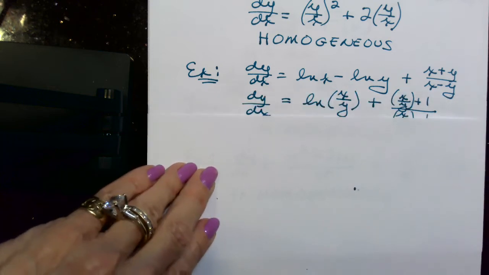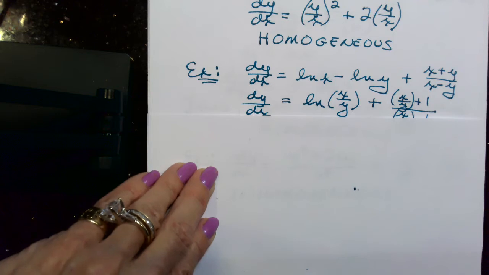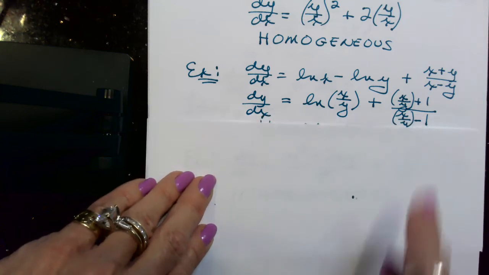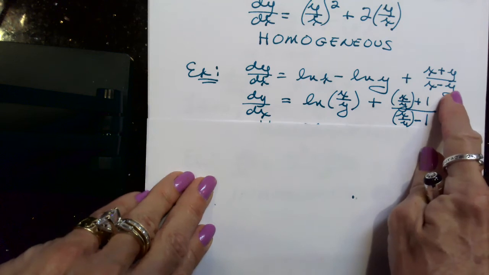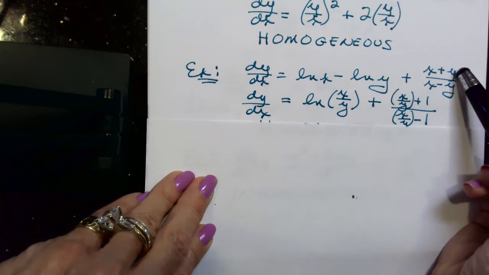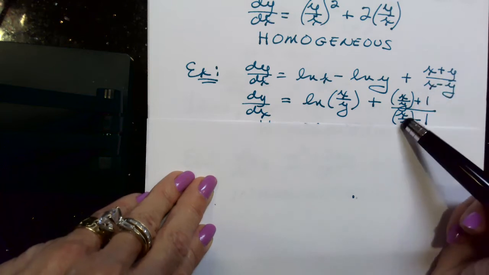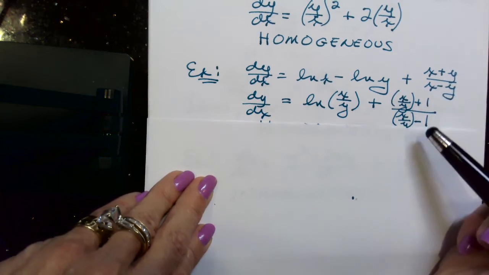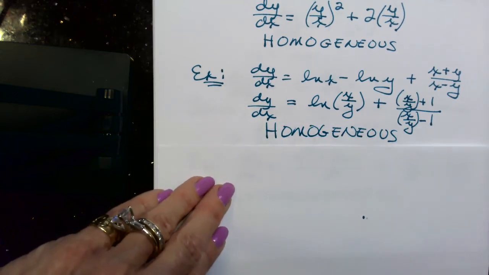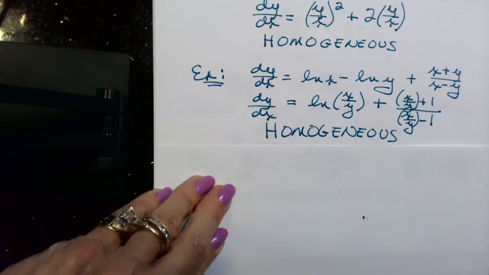So the first two terms can be combined to be ln of x divided by y. And then in the last term, I'm going to multiply by 1 over y. So I'll get x over y plus 1, over x over y minus y over y, which is 1. And so if you notice, that really only depends on the ratio of x over y, even though it wasn't obvious at first. So that's a homogeneous equation.